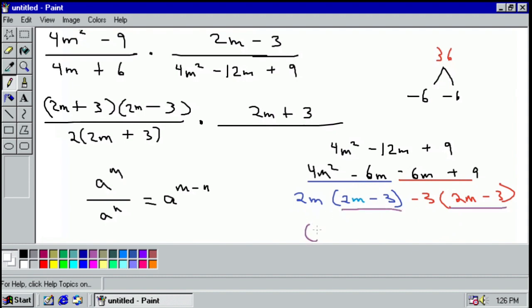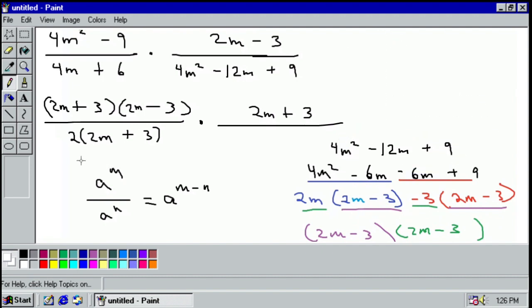So we have 2m minus 3 and this part. So we have another parenthesis here. So 2m minus 3, 2m, then negative 3. So these are the factors of this expression. If you're going to FOIL this, it will give you this answer.